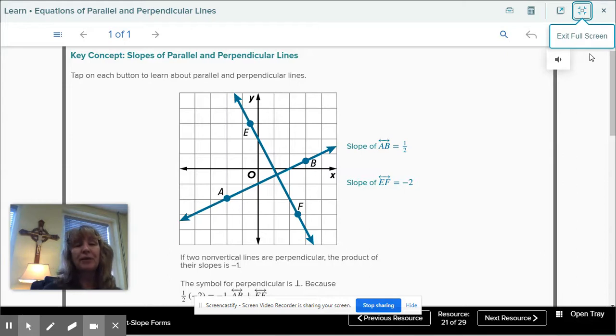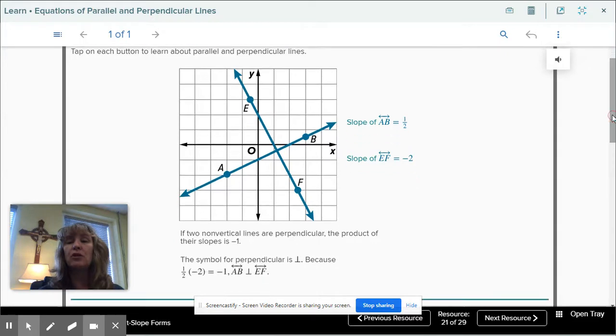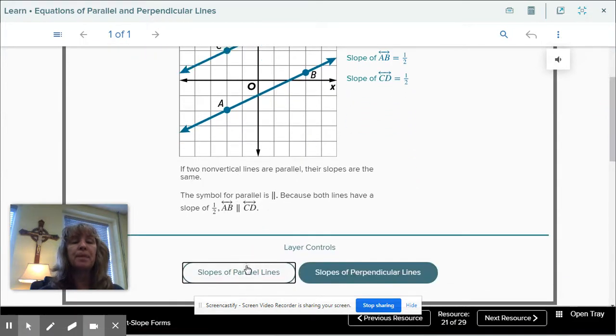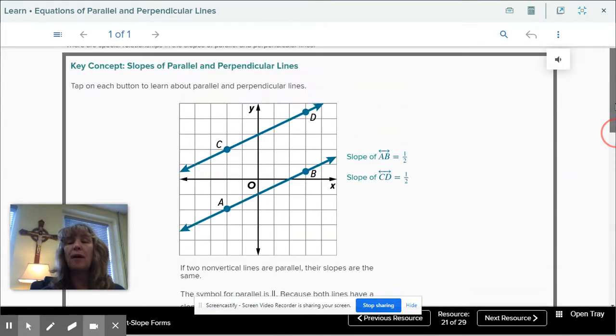So today we're going to talk about parallel and perpendicular lines, and I want you to notice something really specific about what the slope of a parallel line is. Of course, you know that parallel lines look like an equal sign. In this case, the slope of the original line A to B is up 1 over 2.